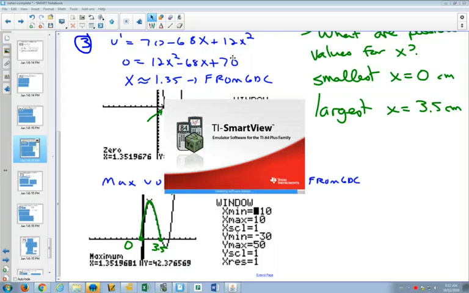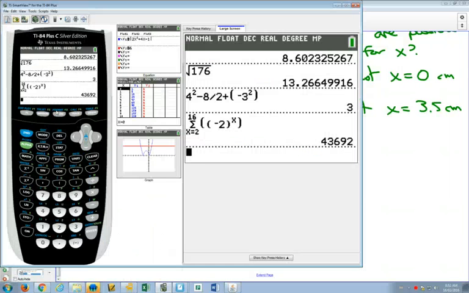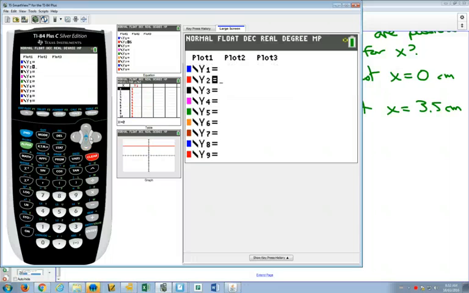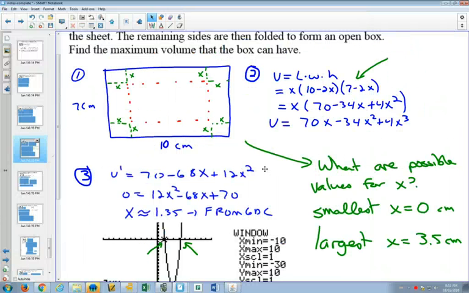Type the derivative equation in as well as the original equation. So I'm going to type the original equation in y1, 70x minus 34x squared plus 4x cubed.